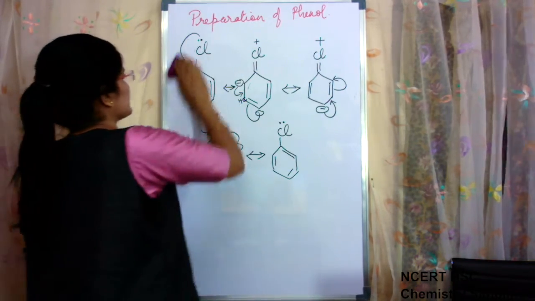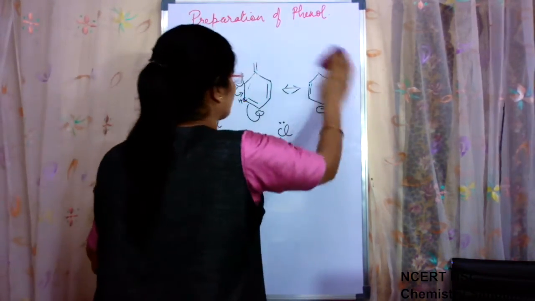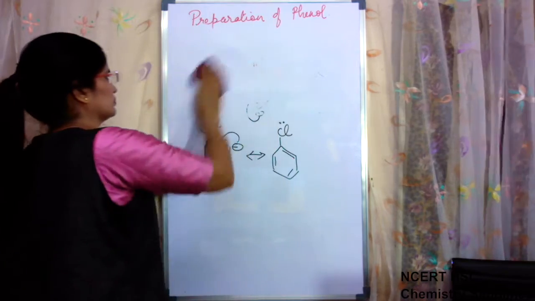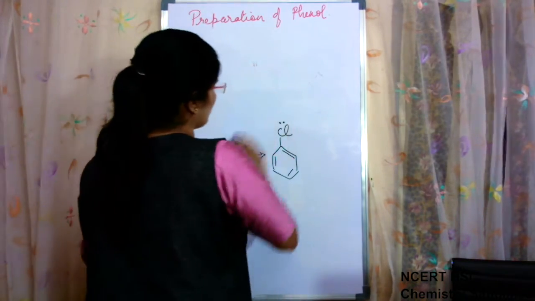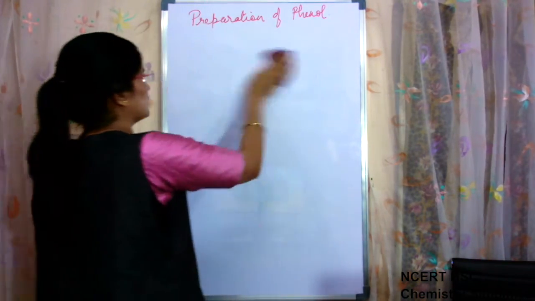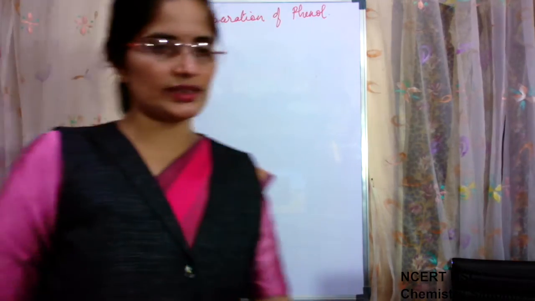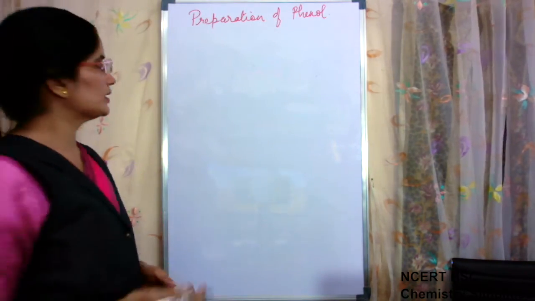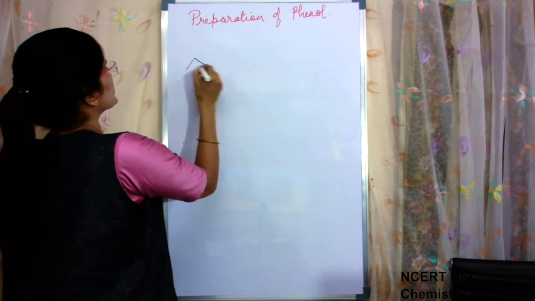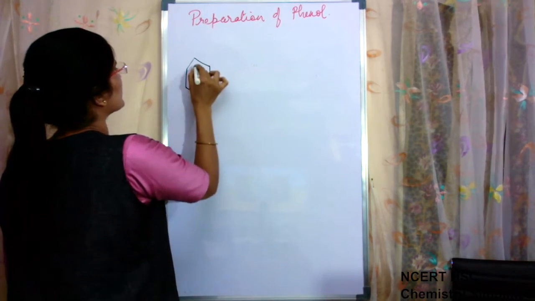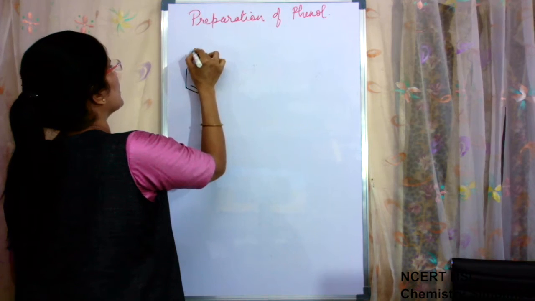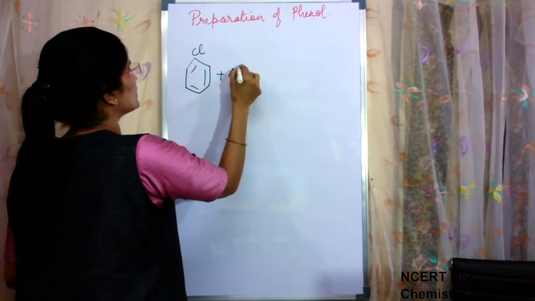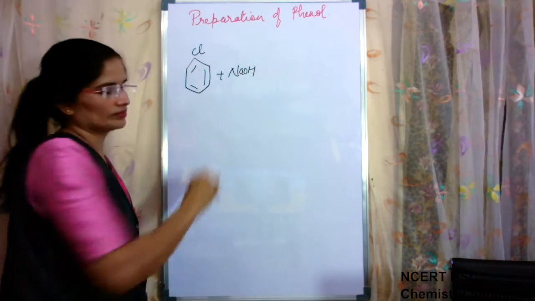So due to this reason, we cannot use nucleophilic substitution reaction of haloarene to prepare phenol. Still, one reaction is used: haloarenes are treated with NaOH.